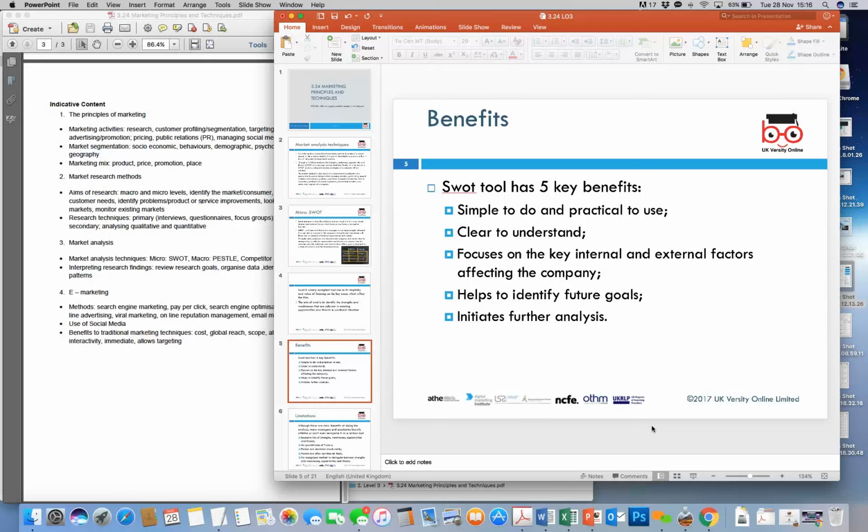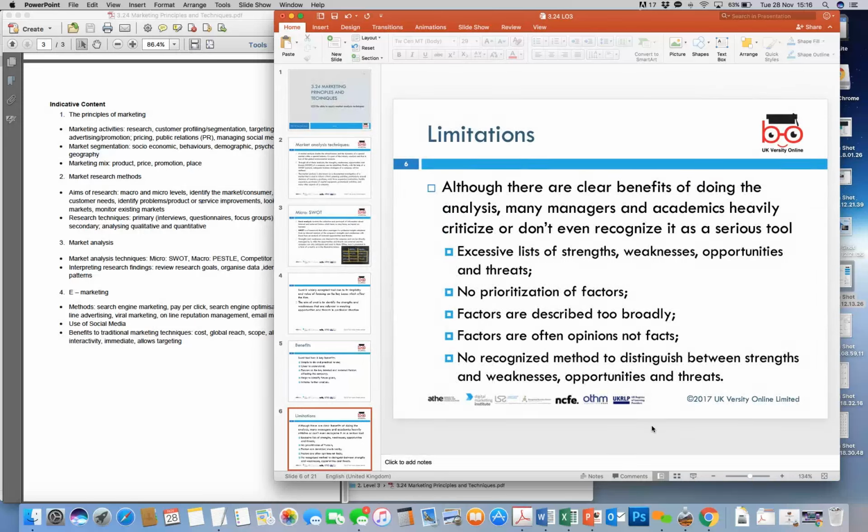If there's a business which is facing stiff competition, then this becomes the starting point at which you start off, and then you start to develop it into further details to understand, okay, we've looked at identifying strengths, weaknesses, opportunities, and threats, but what are the other factors which are affecting this particular situation of the business? And then you look at, say, political factors, you look at economic factors, you look at the wider picture.